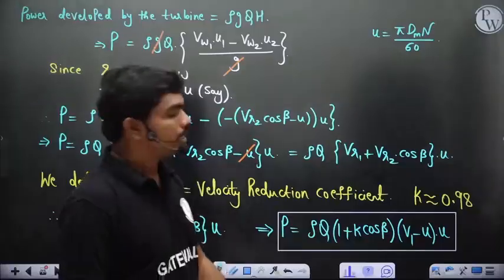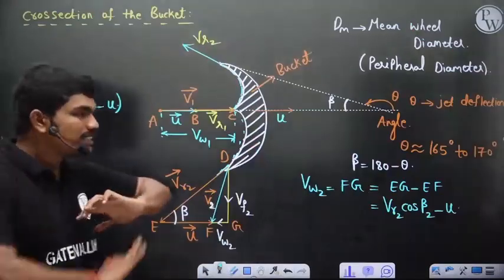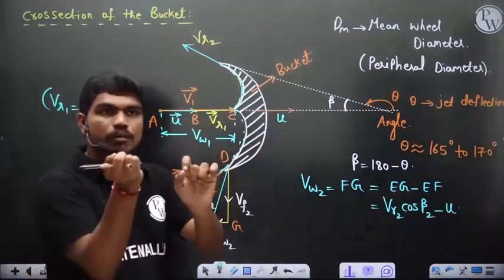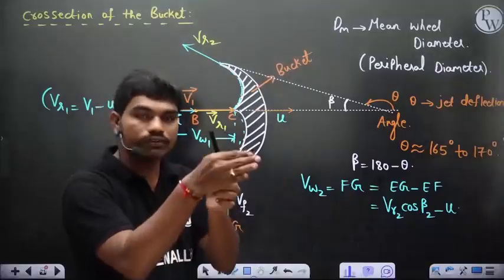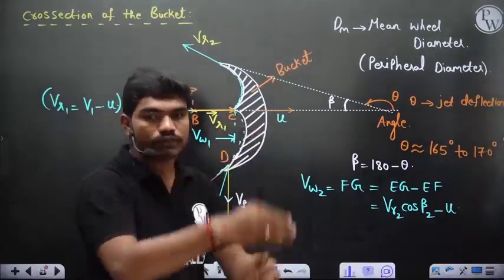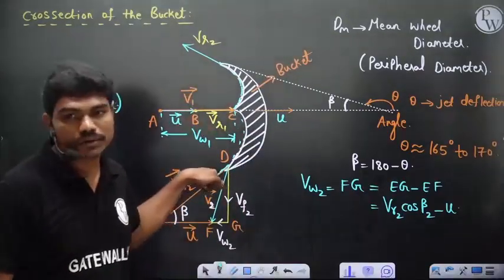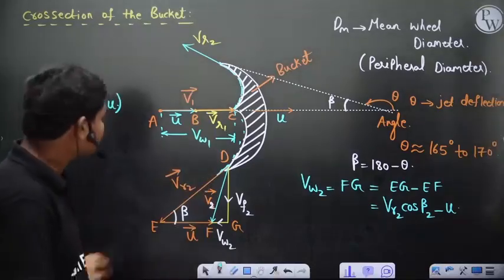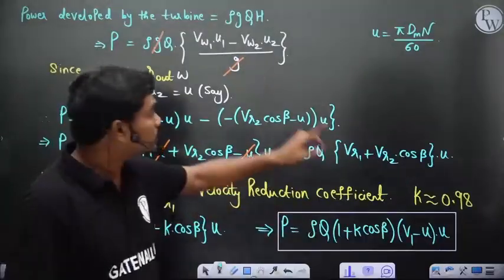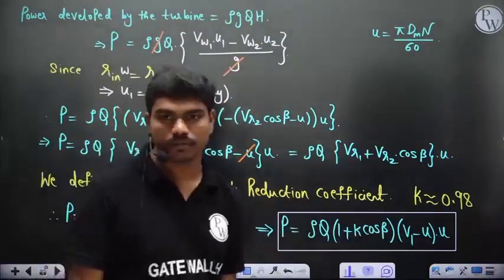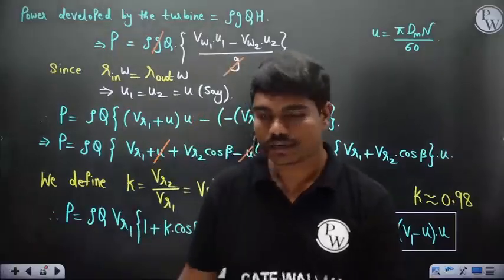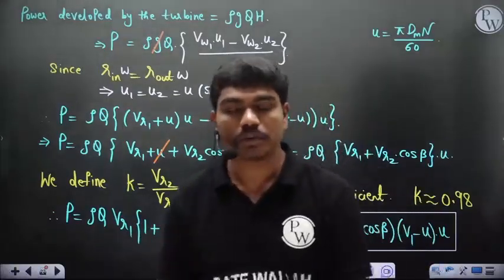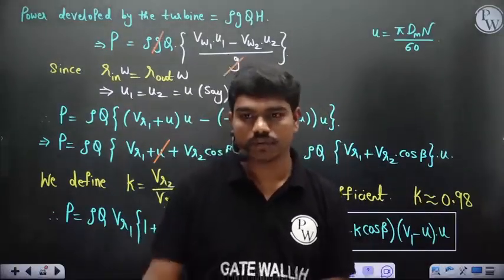Did you understand? The principles are the same, but depending upon the shape of the blade and the location of the entry and exit of the fluid, these velocity triangles will change. Depending on these triangles the calculations will change, but the fundamentals you apply are the same. Clear to all of you? This is the formula for the power developed by the turbine of a Pelton wheel.